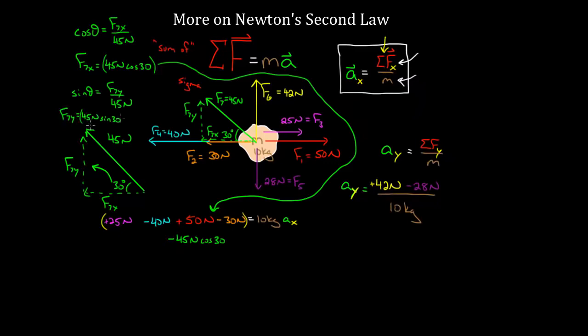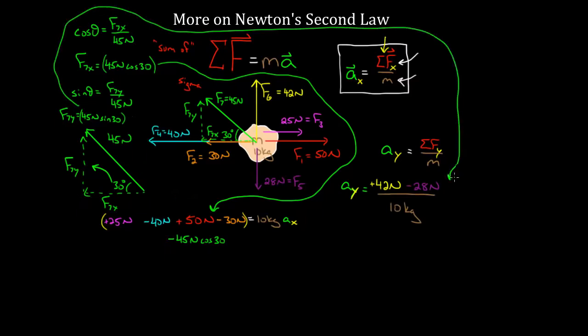Now this is the y component. I'm going to take this and plug it over here, right into this y-directed equation. Should it be positive or negative? The y component points up, so it's going to be plus 45 newtons times sine of 30 degrees.